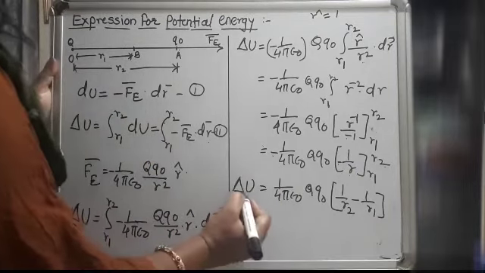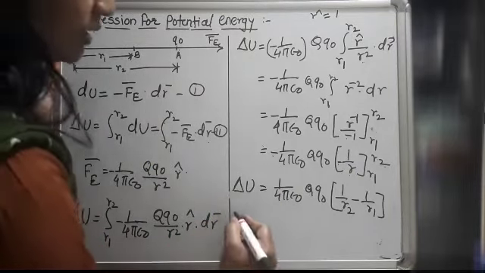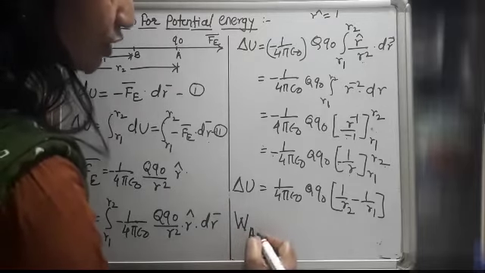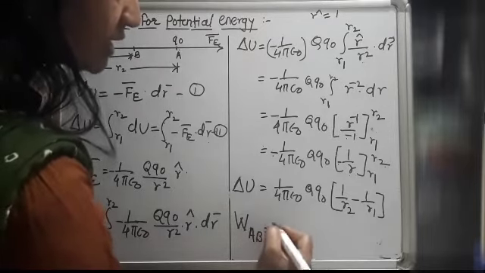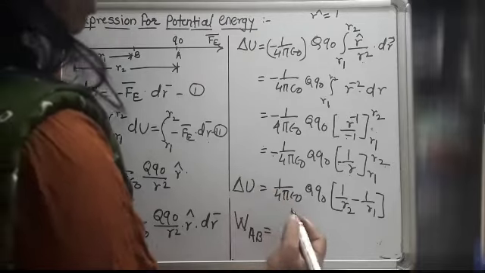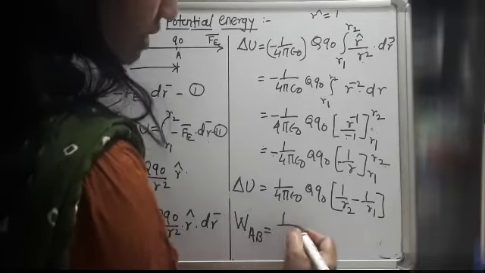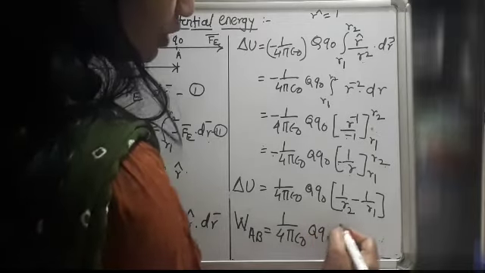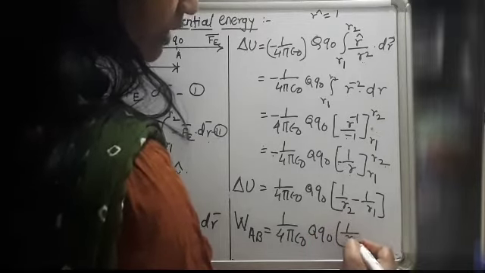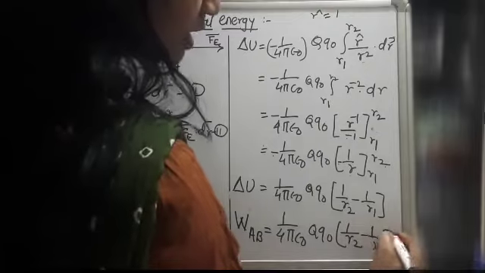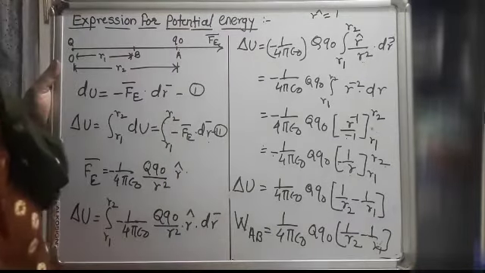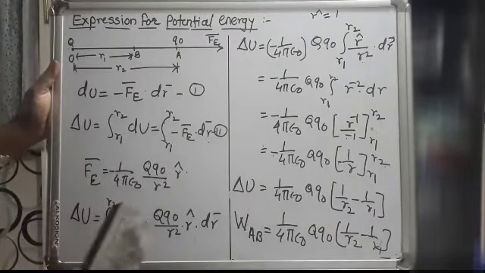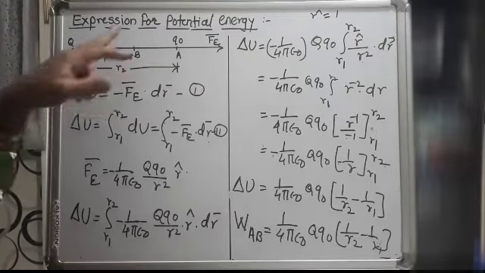The increase in potential energy is nothing but the work done, so the work done is 1 upon 4 pi epsilon 0 q q0 into the bracket 1 upon r2 minus 1 upon r1. This is the work done whenever the charge moves from point A to B.